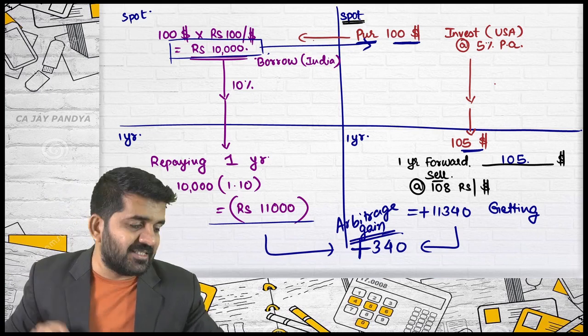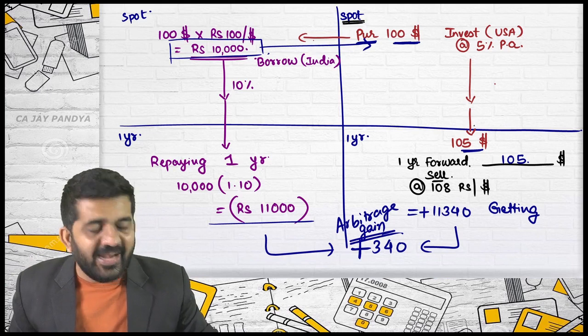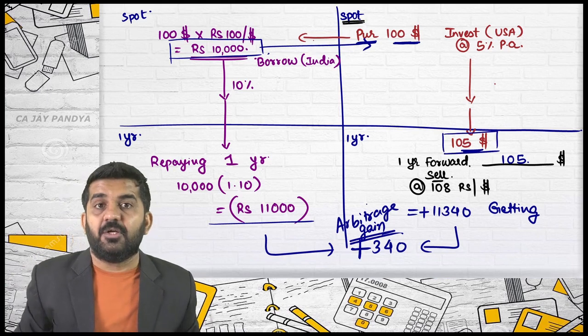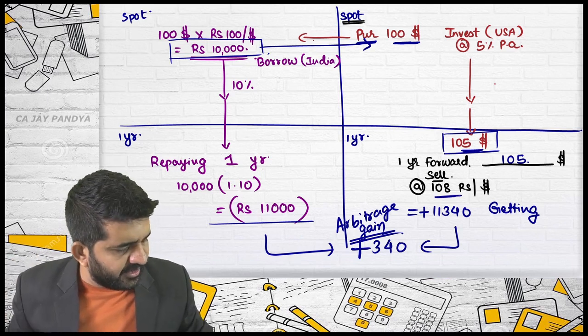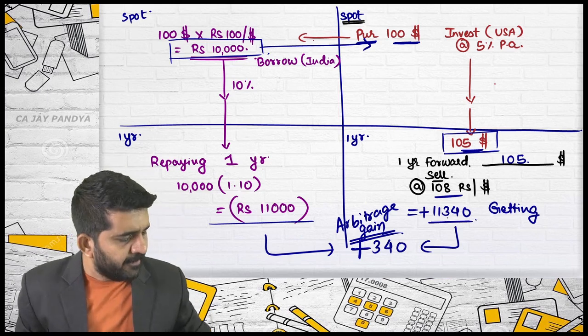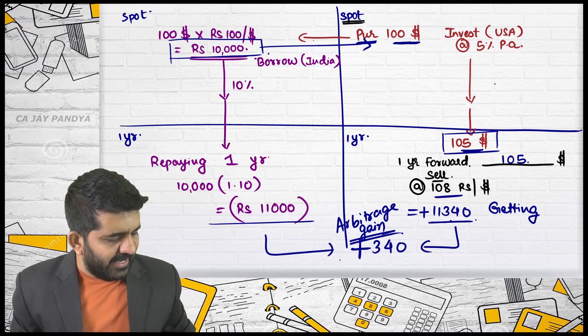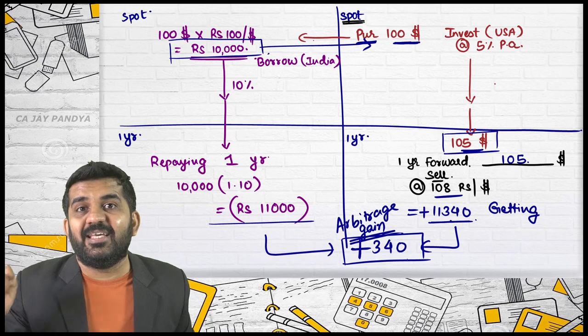Today I am investing this $100, so $100 is also not in my pocket, at the rate of 5%, and I will be getting $105 after 1 year. But I have already sold this $105 at the rate of 108. So I will be getting 11,340. This is what I am getting, this is what I am repaying, and this is the net profit without taking any risk.